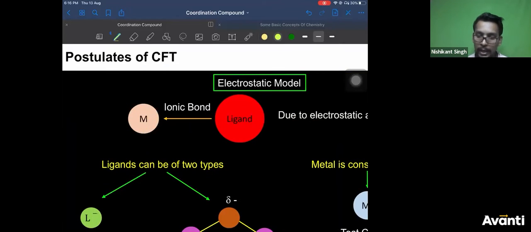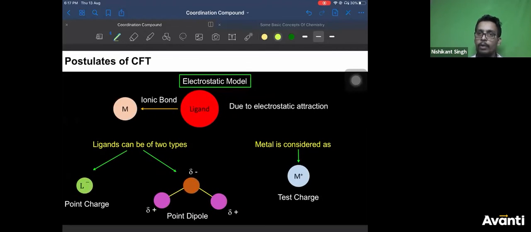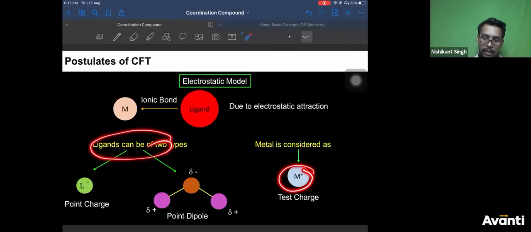So let's move ahead. Whatever we have said in words, we are explaining here. Between your ligand and your metal there is an ionic bond. Electrostatic model. Now understand this carefully. Metal is considered positive charge, ligands can be negative point charge or they can be dipole.